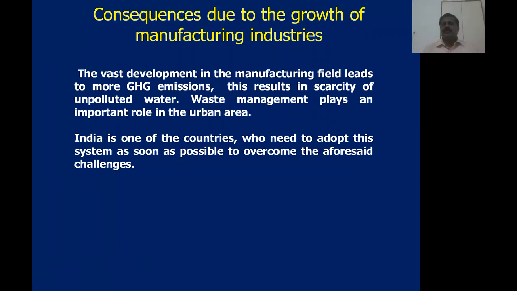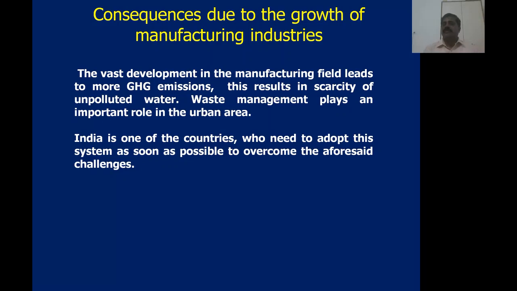The consequences due to the growth of the manufacturing industries are being listed here, and as we said, greenhouse gas emission is very high due to manufacturing development in a country, which creates a lot of hazards to the people and the living beings in the world.